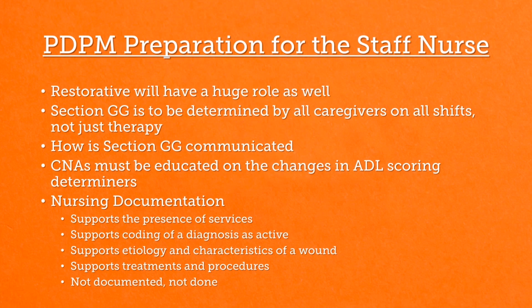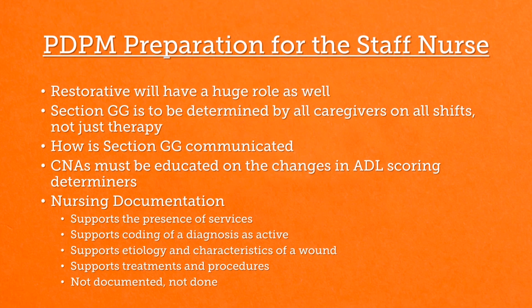Section GG is really a section that we talked about earlier that will be determined really by all caregivers on all shifts, not just therapy. So we're going to have input from that staff nurse around the clock of what is that usual performance. How is Section GG communicated collaboratively?